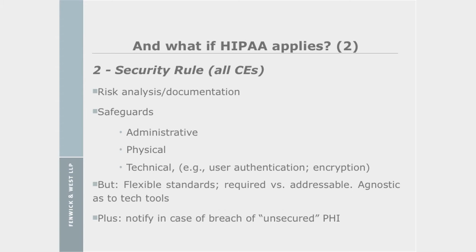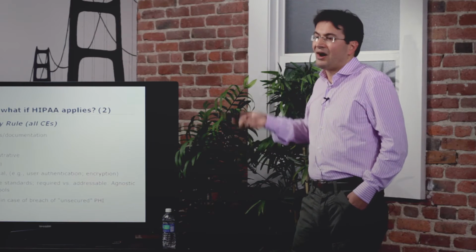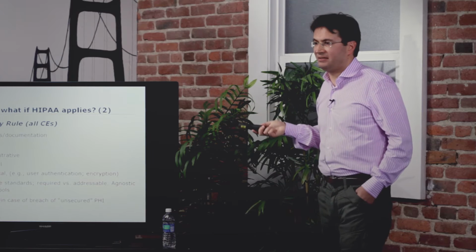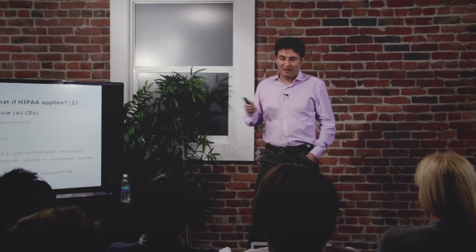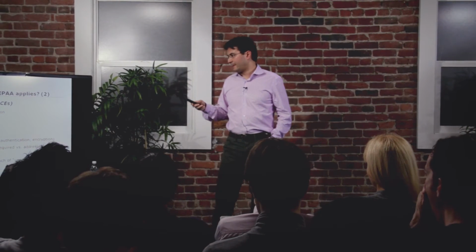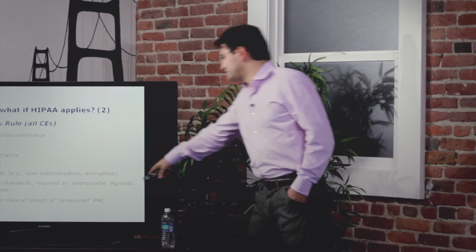One of the key distinctions is measures that are required versus addressable. Encryption is a good example. It's only addressable, which as a legal matter means you don't necessarily have to implement an encryption method under HIPAA. It might make sense to do that, in which case you have to do that. But it might not make sense, depending on the business model, type of data, type of sharing that you do.